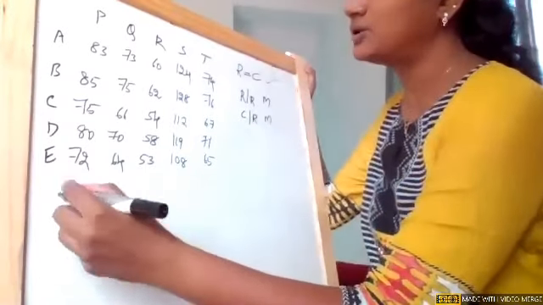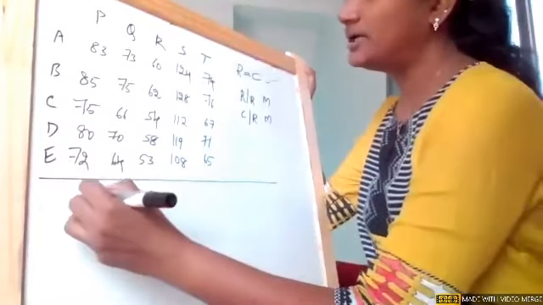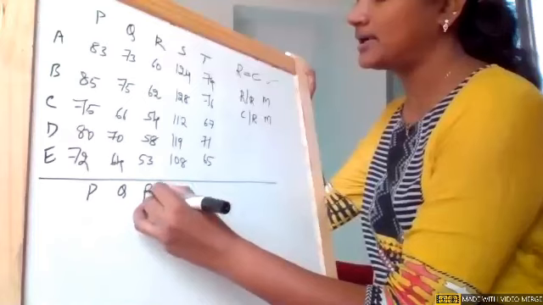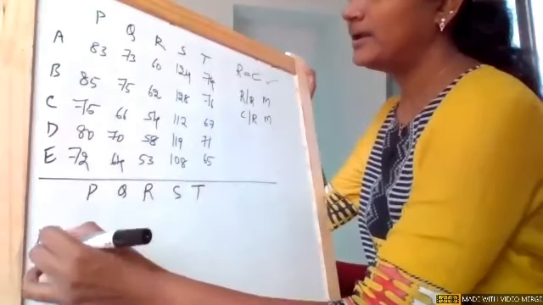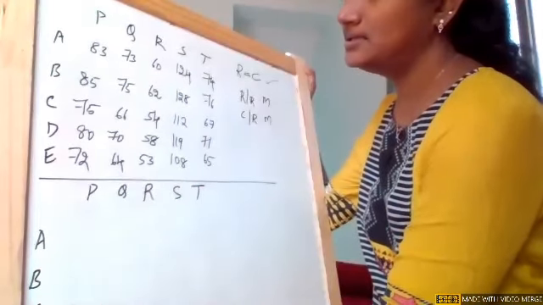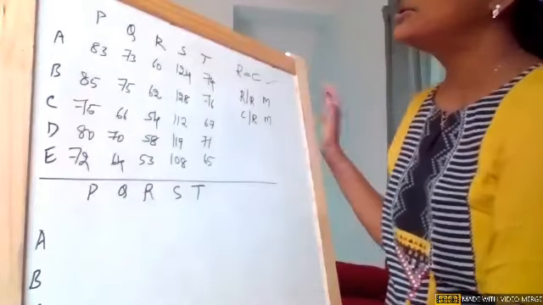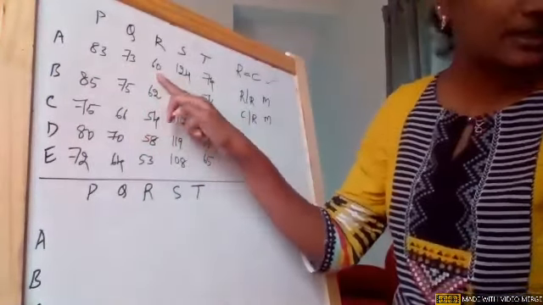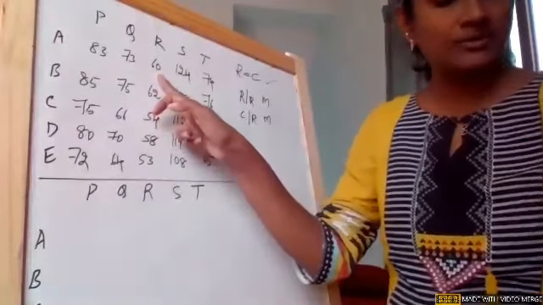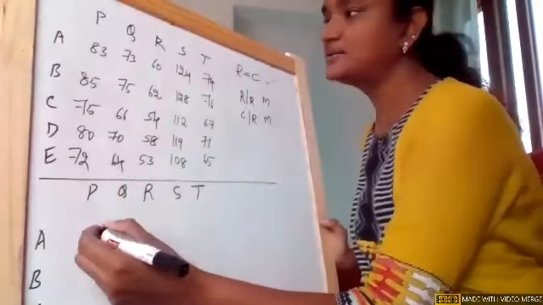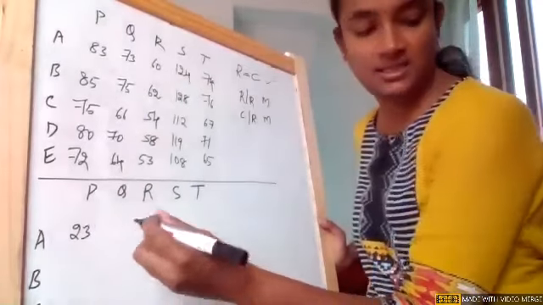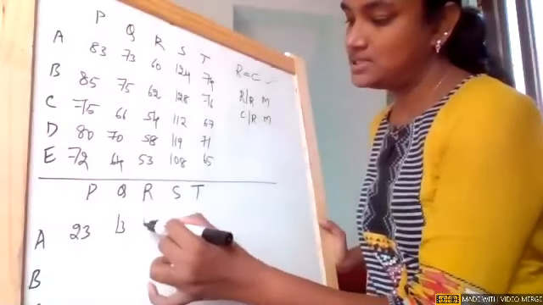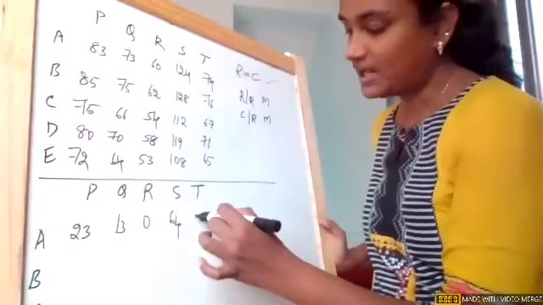So first we will go with the row reduced matrix. Rows P, Q, R, S, and T, columns A, B, C, D, and E. Simply pick the minimum one. The minimum value is 60. When we subtract 60 from all the values, it is 23, 13, 0, 64, and 14.